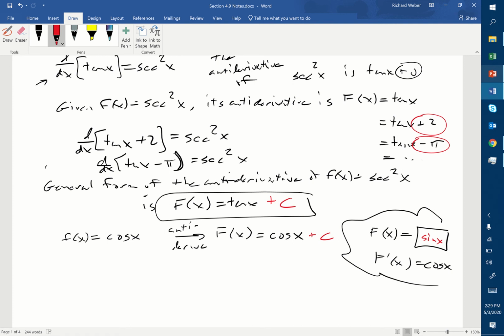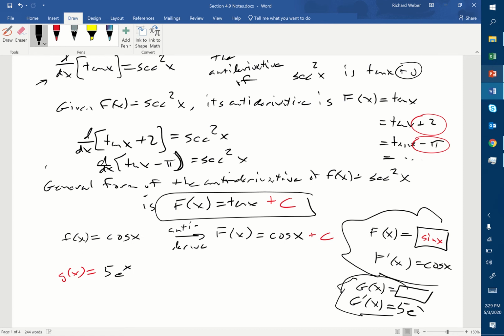What if I had g of x equal to, say, 5e to the x? Now, it's interesting with a constant. When you derive, it doesn't matter. So if I have g of x equal to something, what I want is g prime of x to give me 5e to the x. Then you have to think, well, what would do that?